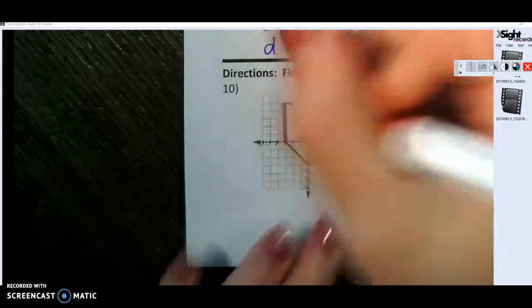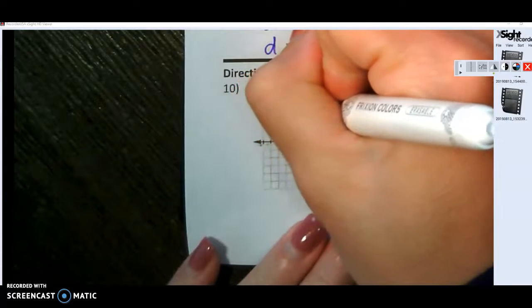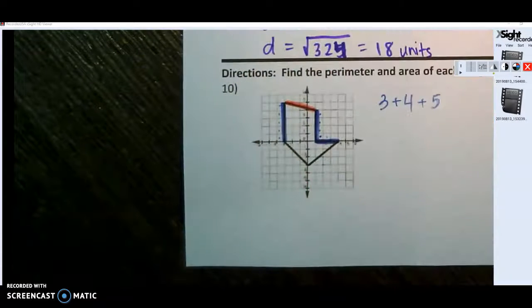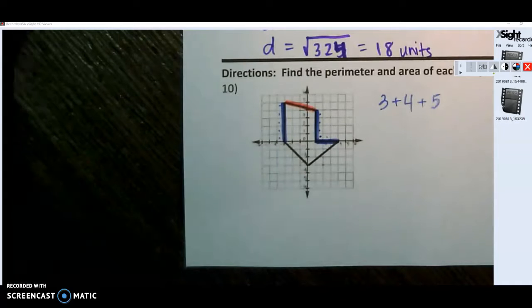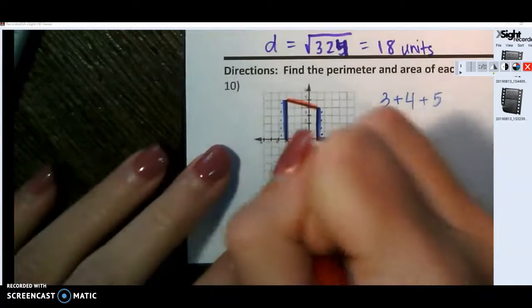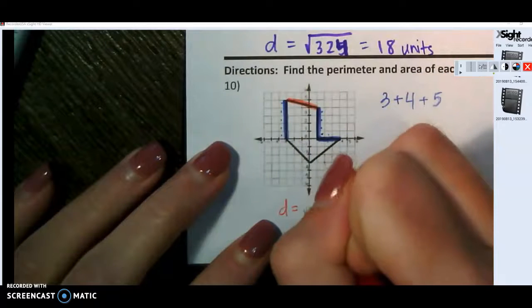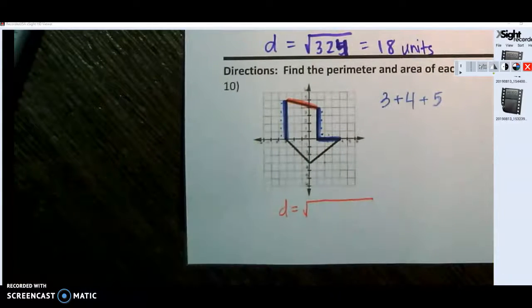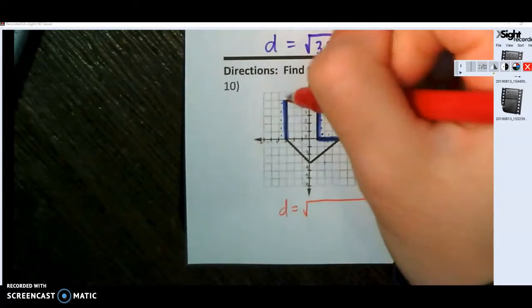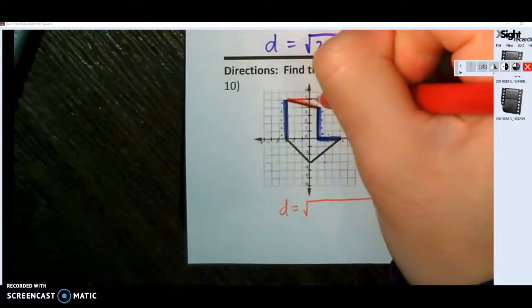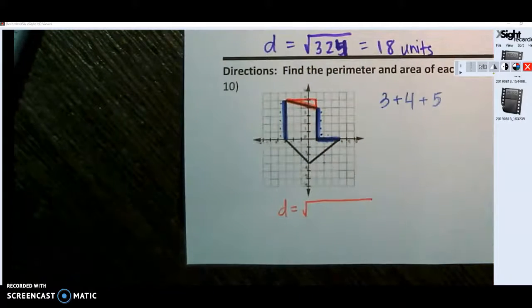For this first diagonal distance, we can find the length of that red segment by using the distance formula, the distance from this coordinate to this coordinate. To shorten the process, I like to just form a right triangle out of that side.